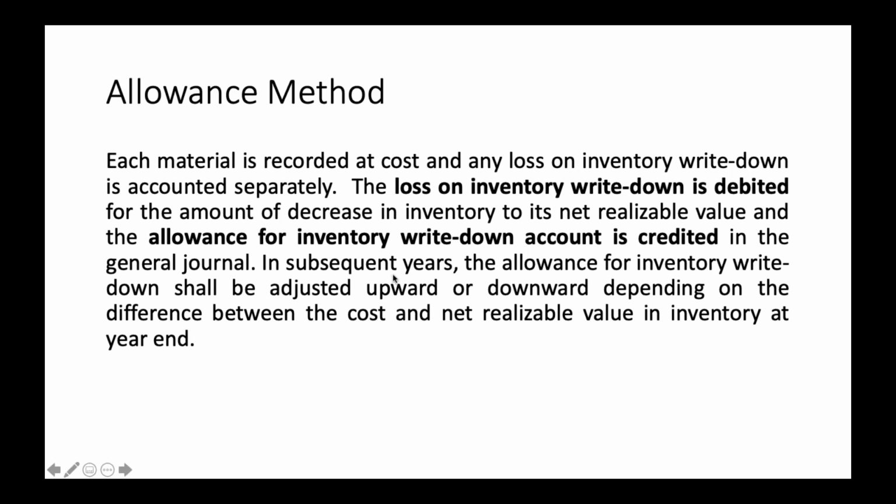So in the subsequent years, the allowance for inventory write-down shall be adjusted upward or downward depending on the difference between the cost and net realizable value in inventory at year end.